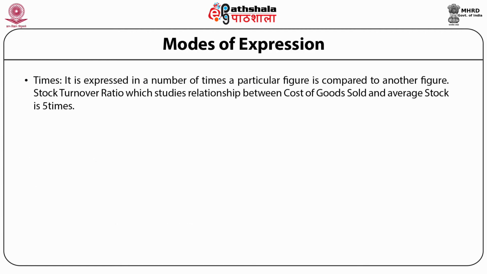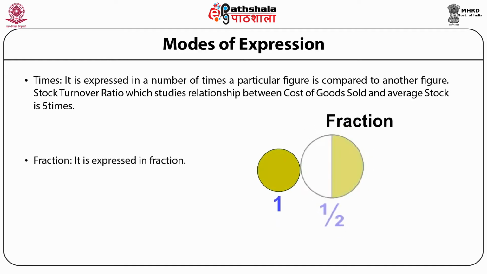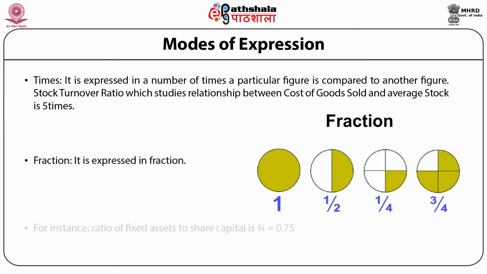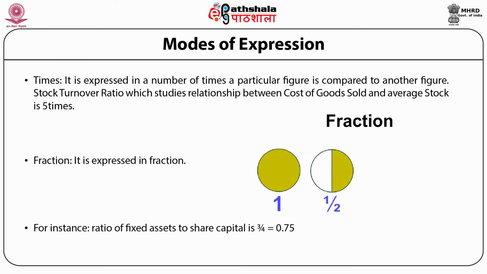Next, times. It is expressed as the number of times a particular figure is compared to another figure. Stock turnover ratio, which studies the relationship between cost of goods sold and average stock, is 5 times. Next, fraction. For instance, the ratio of fixed assets to share capital is 3/4, that is 0.75.